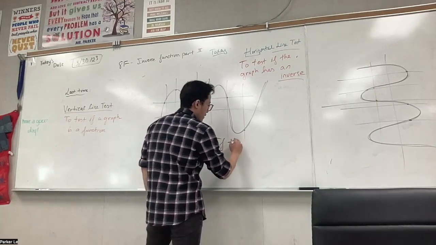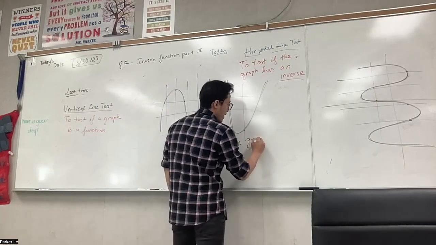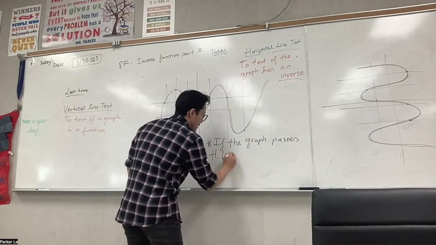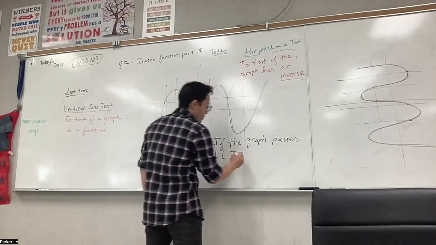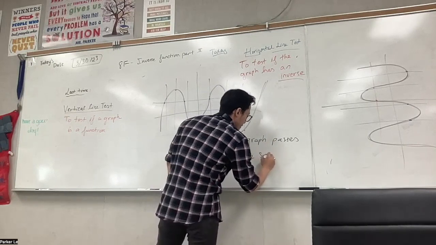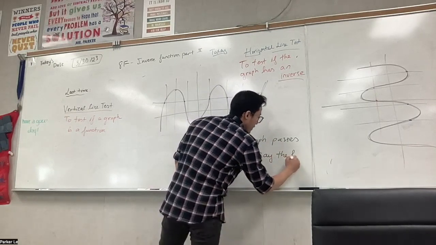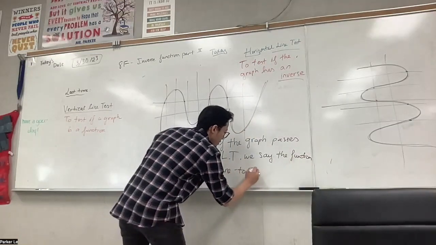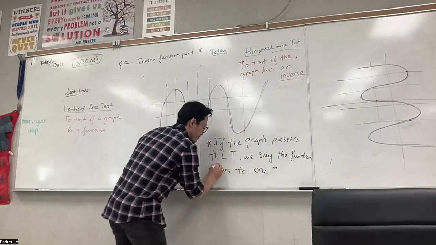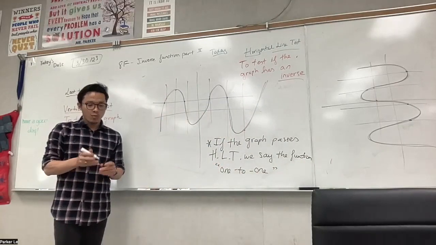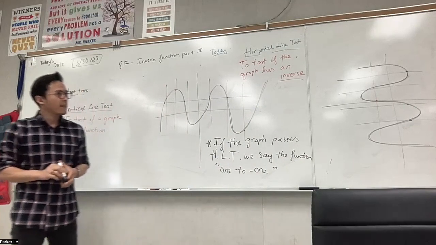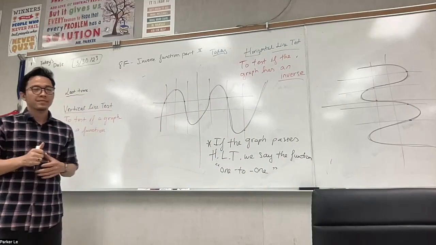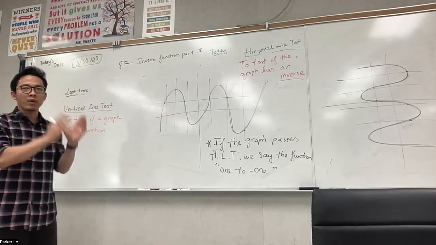If the graph passes the horizontal line test, HLT, we say the function is 1 to 1. 1 to 1 means 1 x only gives 1 y. For every y, you only have 1 x.